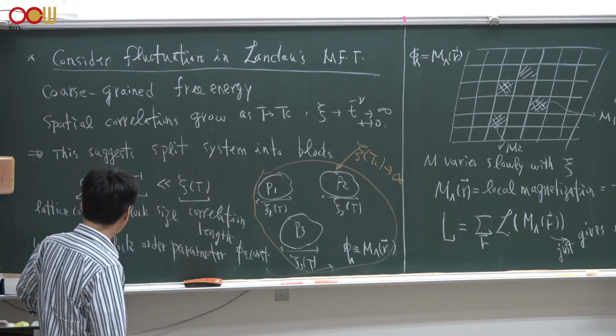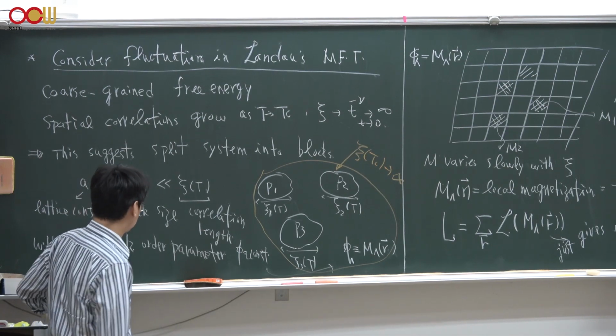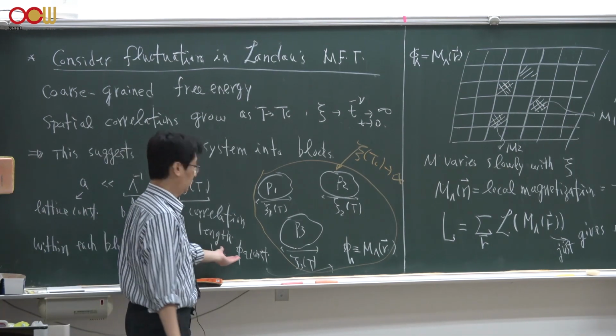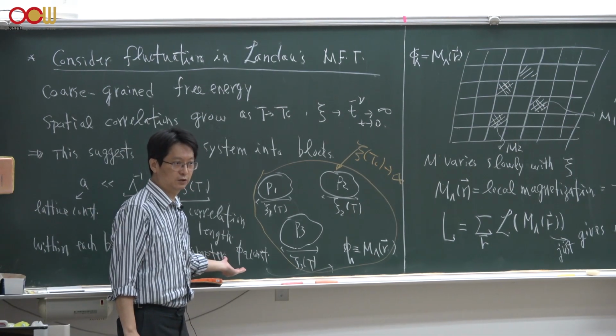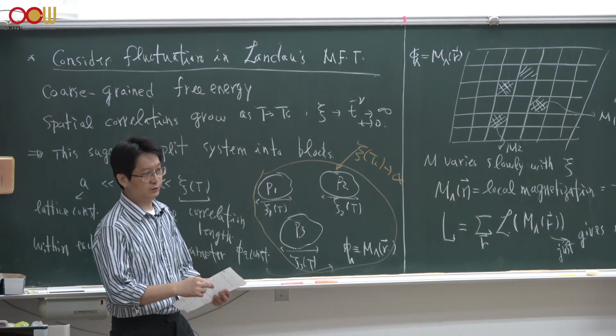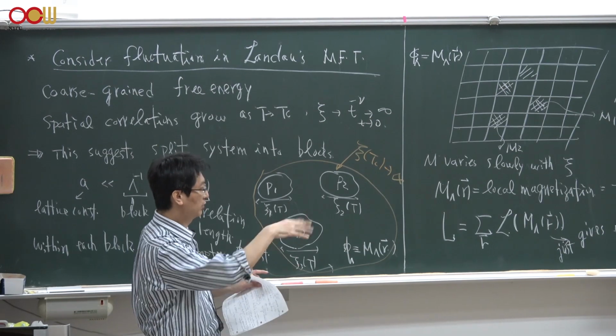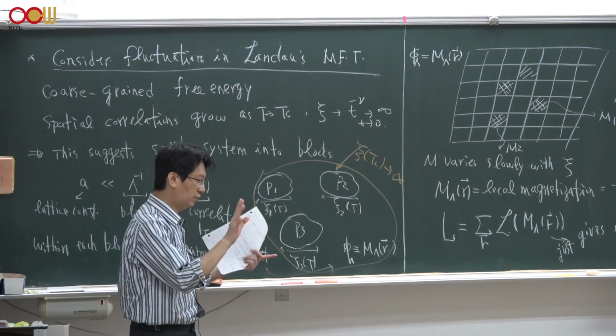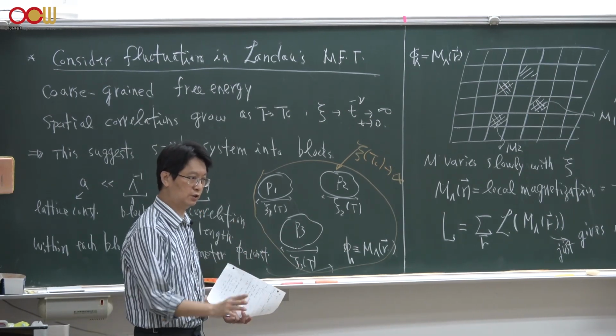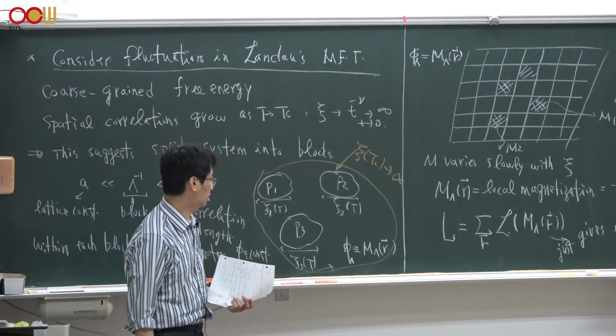Within each block, the order parameter is considered roughly constant, which means we can roughly consider all these spins as ordered. Of course, there are some fluctuations, but we don't care so much at this point.